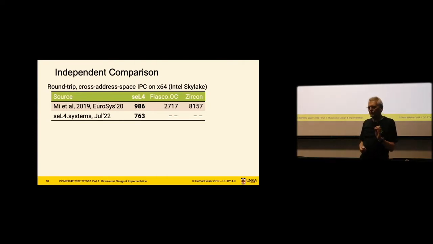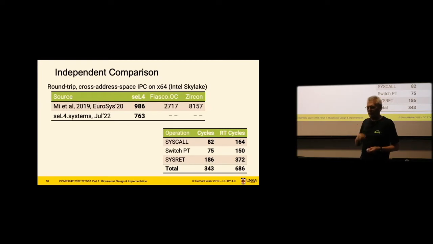But what's really interesting is how much of that is inherent cost versus software overhead. And the colleagues from Shanghai Jiaotong actually did us the favor and analyzed that as well. So this is what you can find in their paper: the cycles on this hardware for just the syscall instruction. So this is entering the kernel, it sets you back 82 cycles, getting out of the kernel. Is this really?